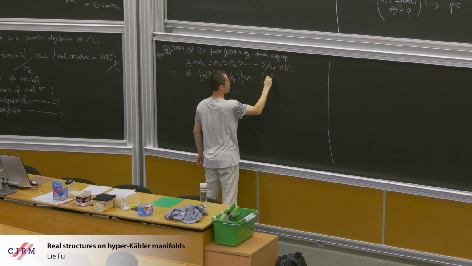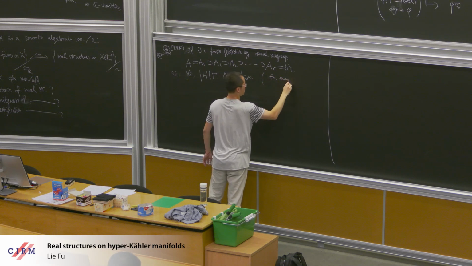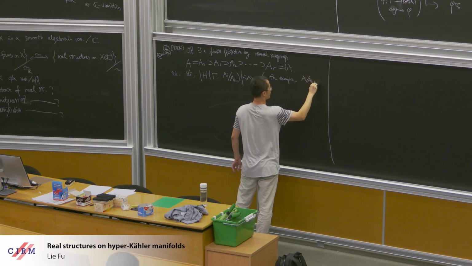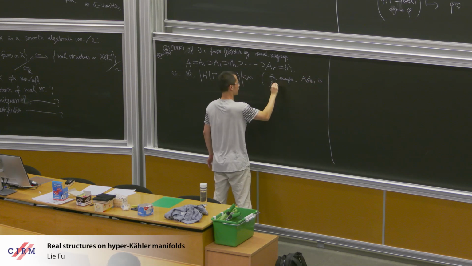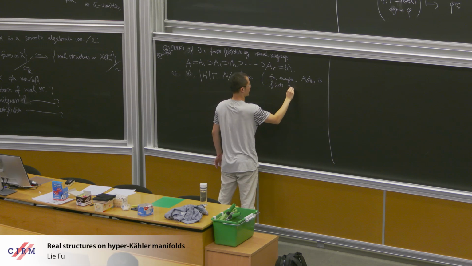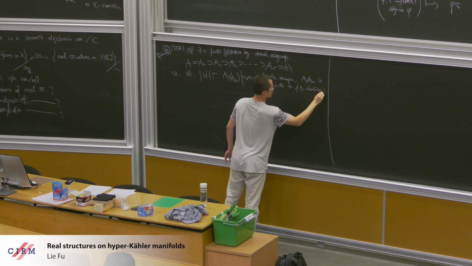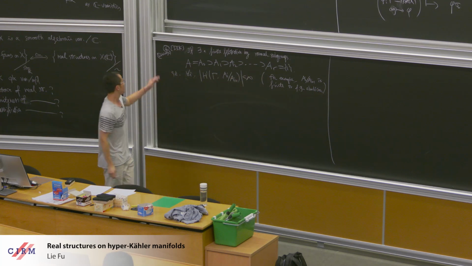For example, if Ai quotient Ai+1 is a finite group, or like finitely generated abelian, this is a really interesting case.